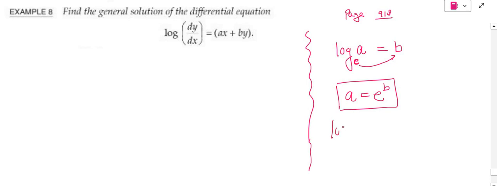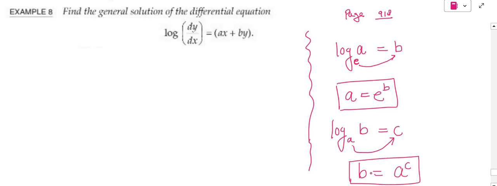One more example. Suppose you have log of b to the base a is equal to c. What will happen if you want to remove log? This a will go in the base, so b will become a raised to power c and log will disappear. Please remember this. When log disappears, whatever is the base of the log becomes the base on the other side.